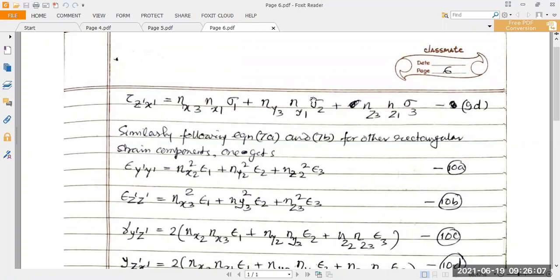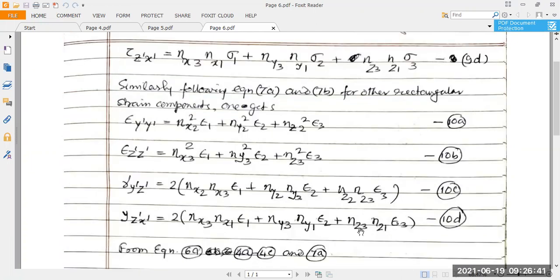This shear strain component we have reduced earlier, and then, as epsilon 1, epsilon 2 and epsilon 3 are principal strains, we are calculating the value of epsilon x dash y dash z dash itself, and for gamma yz we have got the relation from equation 36, where from the simplification we have got this particular value itself, gamma yz.